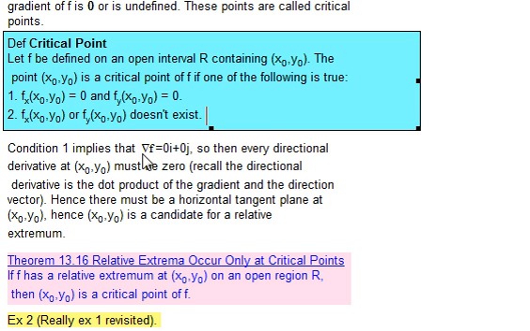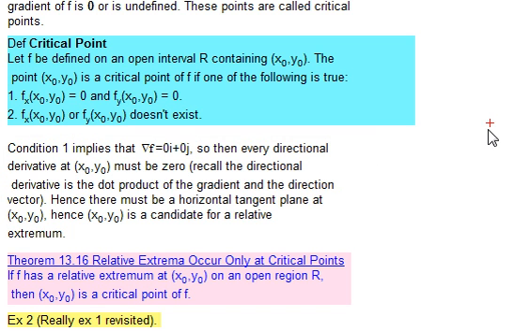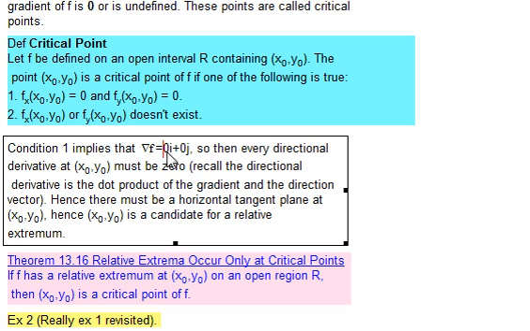The first condition, of course, implies that the gradient vector is the 0 vector. So then every directional derivative must be 0. Remember how you calculate a directional derivative: you dot the gradient with some other vector that gives you the direction, with the 0 here and here. So every directional derivative is 0.